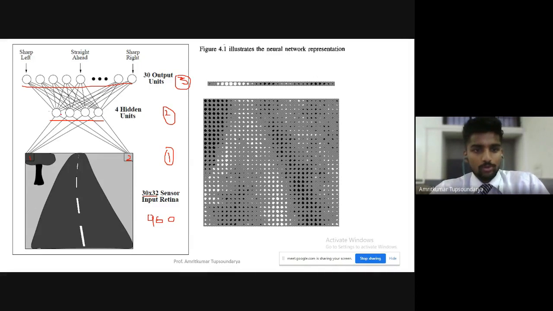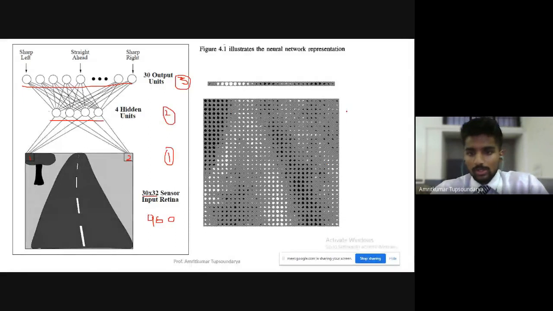And of course, the output of the hidden layer was given as the input to the output units. Here we had only 30 output units, each unit defining some degree of a left turn, a right turn, or straight ahead. So this is the neural network representation for the ALVINN system.